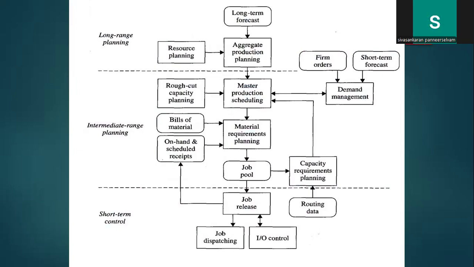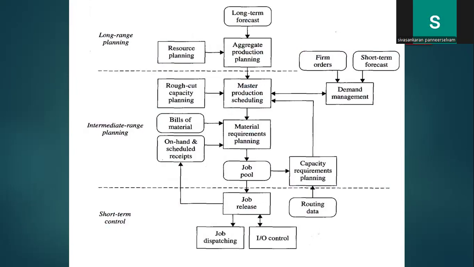Next to long-range forecasting, we go for aggregate production planning. Here the main primary input required is the overall demand for the product according to the customer, the knowledge given by them.